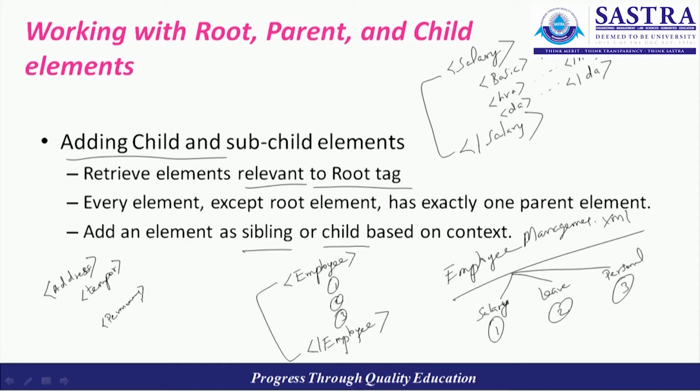So temporary address and permanent address I have. Further, I can include the door number, street, city, pin code for temporary. And also I can include door number, street, city, pin code as child elements for permanent also.